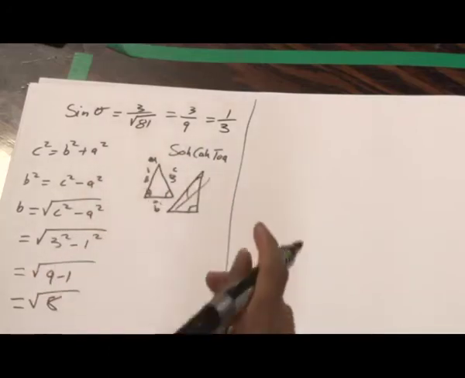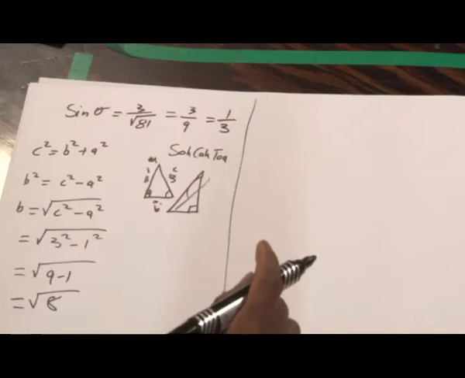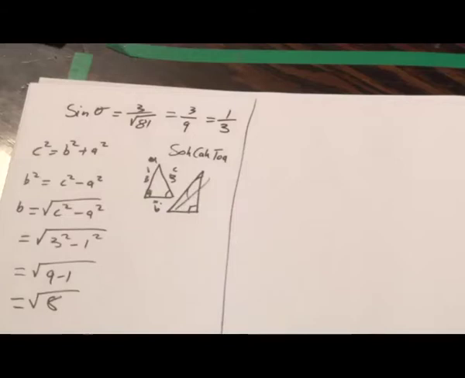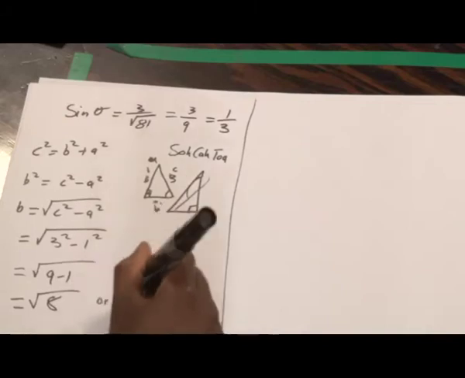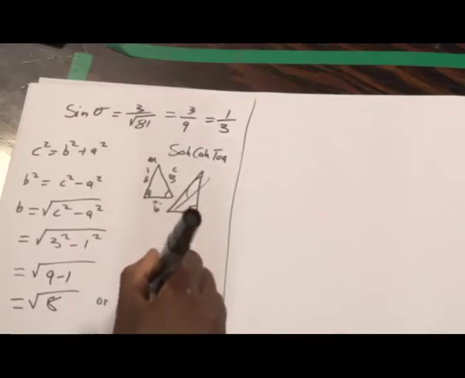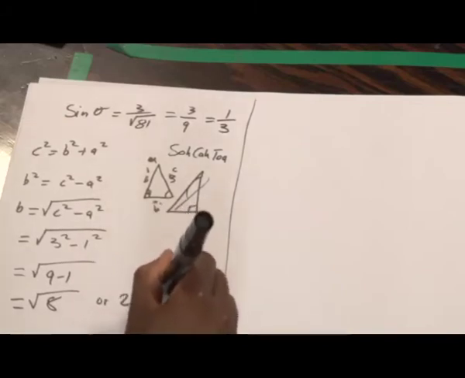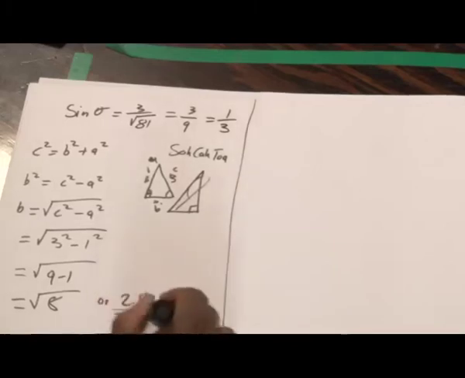Let's look at the square root of 8. What will it give us? Well, this one can also be 2.828. Otherwise, that's also fine.